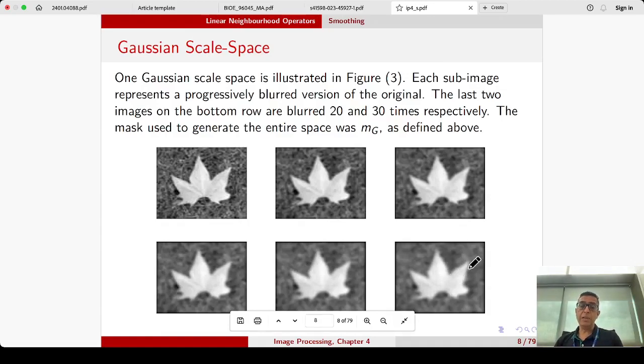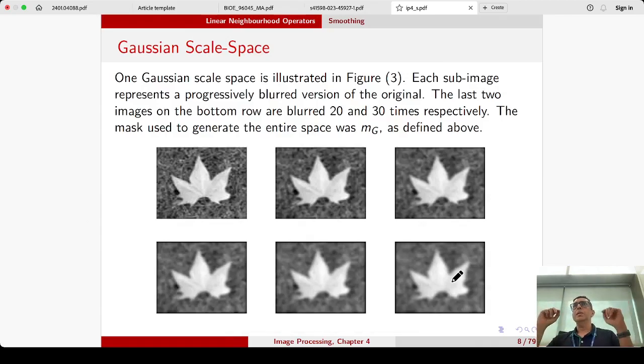Now the edges of the leaf lose a bit of detail, but you can still see it's a leaf even in this figure. It's got the shape of a leaf. So the nice thing about Gaussian scale spaces is that they allow you to tune the degree of blurring. Because you preserve all these different levels of blurring, you can select the degree of blurring that best suits something you're trying to achieve.